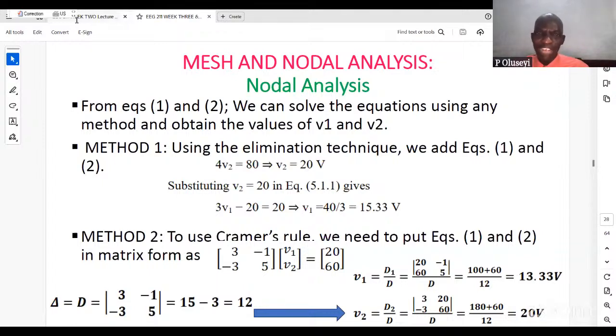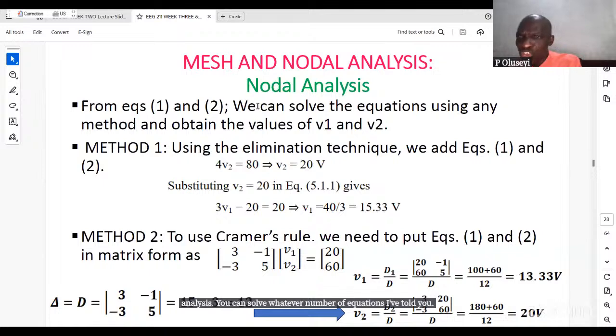Under nodal analysis, you can solve whatever number of equations I've told you. If you have two nodes, you will have two equations. If you have three nodes, except your reference node, you will have three equations.